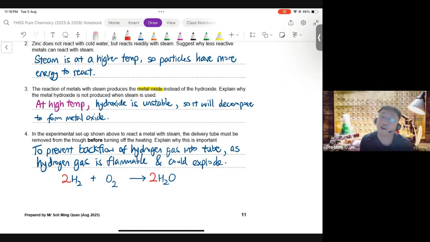So it's very important to realize that hydrogen is actually very flammable. Hydrogen reacts with oxygen, it burns in oxygen, it explodes in oxygen to form water. Water is the liquid which is formed at the end of the combustion of hydrogen. And that makes full sense because water is H2O. It's the compound of hydrogen and oxygen.